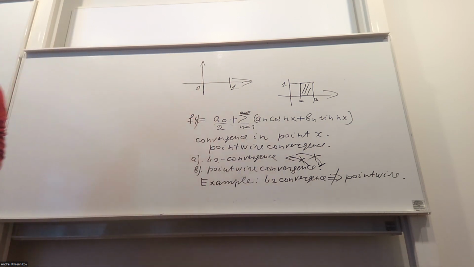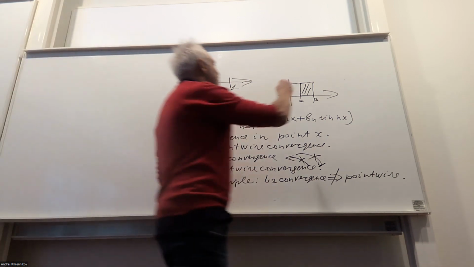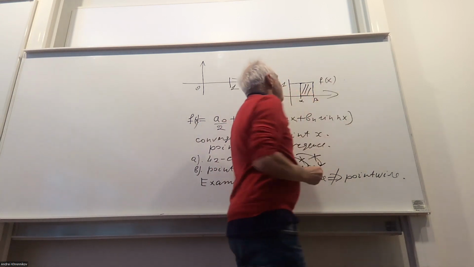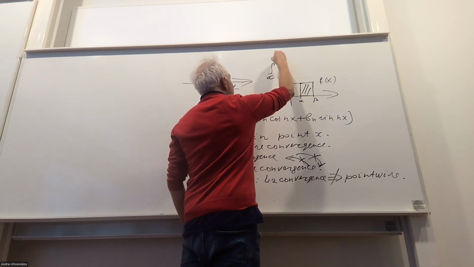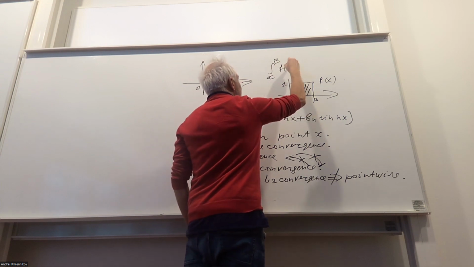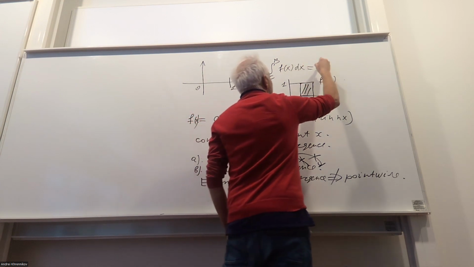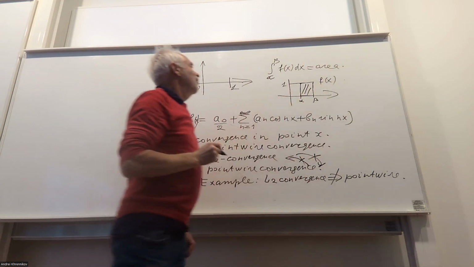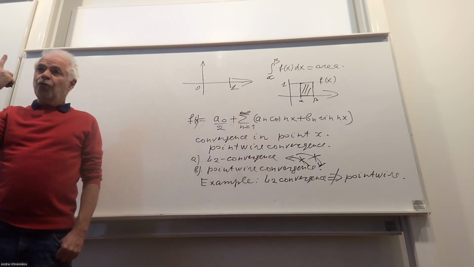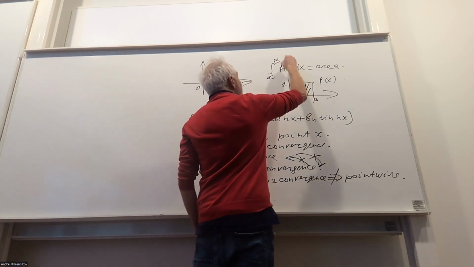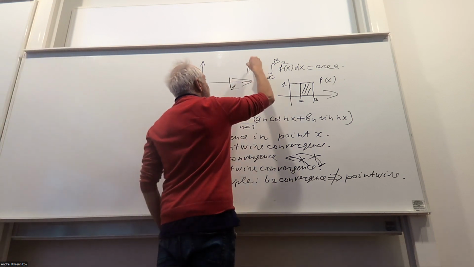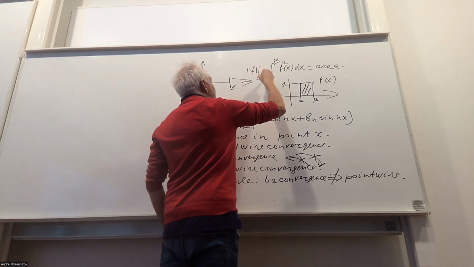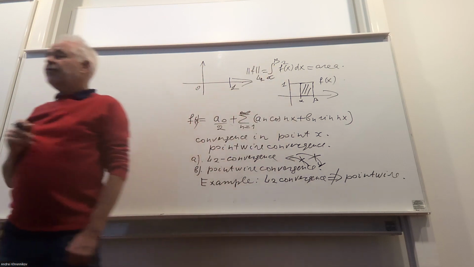So the integral of this function f(x) is the area. Since the function is equal to 1, even its square has the same integral, the area. So this is a normal function in L2; its norm is given by the area.